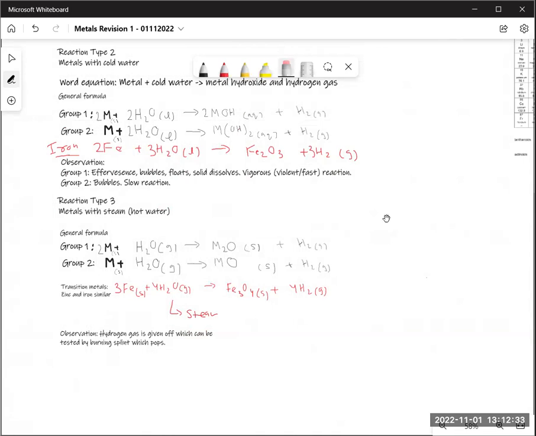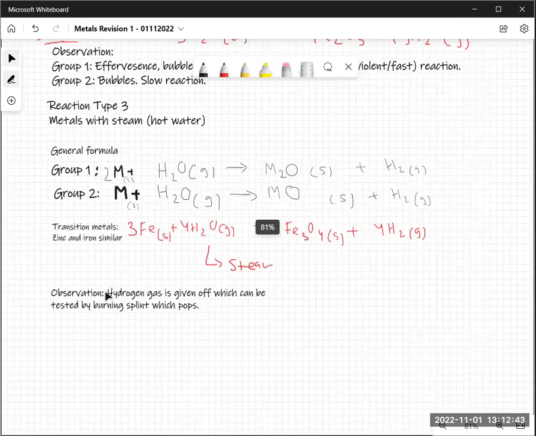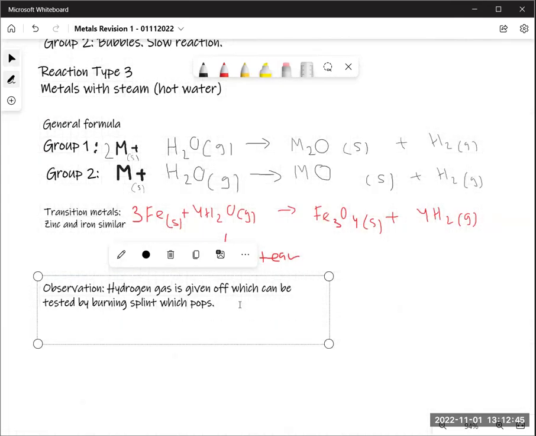Now, Ayan, have you finished reaction type 2? Anas, have you finished reaction type 2? Yeah, I'm done. Yes, sir. Just add one more thing in the observation right here. For group 2, add react vigorously.